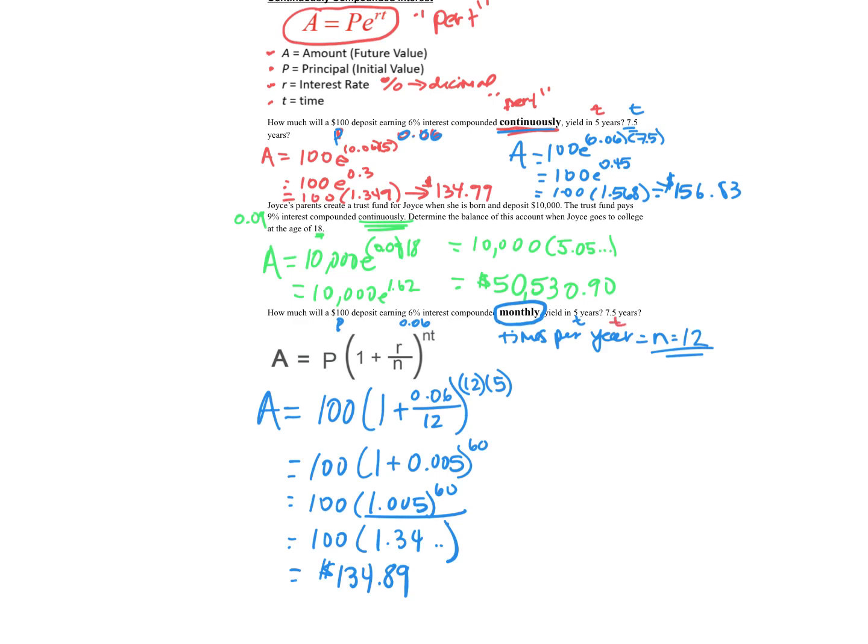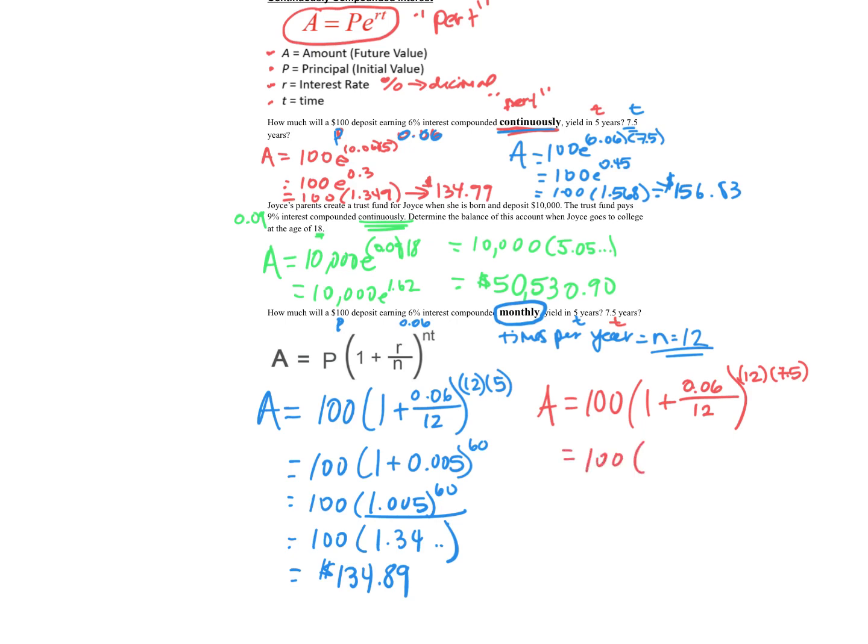We're going to do it now for 7.5 years. We're changing our total time we're keeping our money in, but everything else is the same. $100 is our P, 1 plus the rate of 0.06 over our n, which is 12 months because it's monthly. If it was daily, it'd be 365. If it was weekly, it would be 52 because it's how many times per year. And then to our n, which is 12 again, and now we've changed t to 7.5 years.